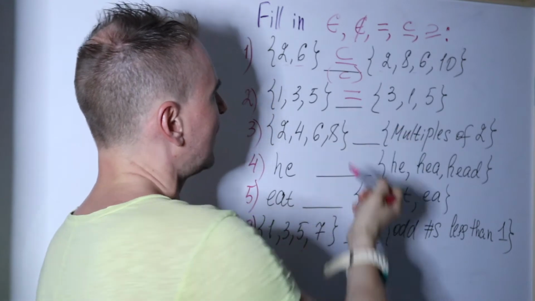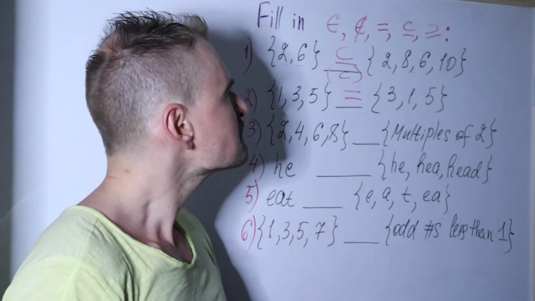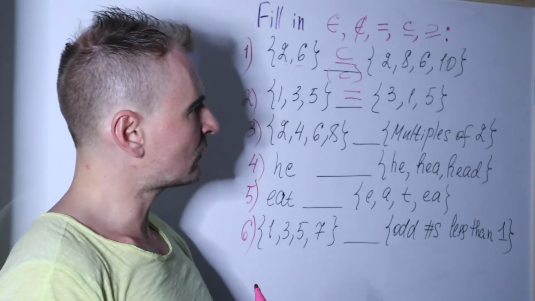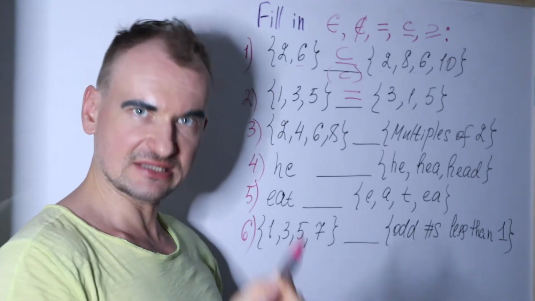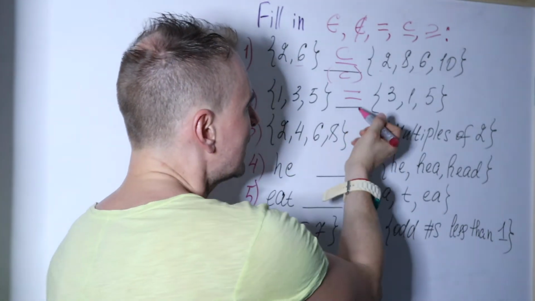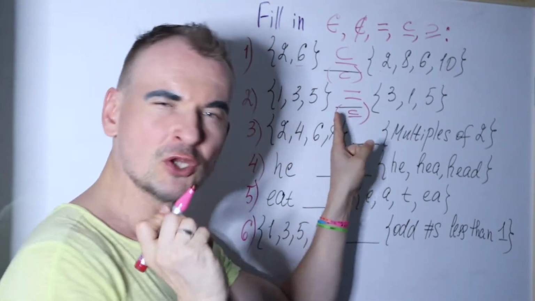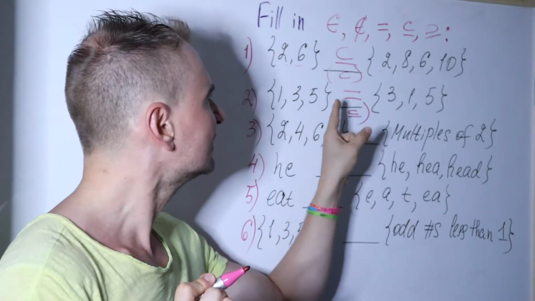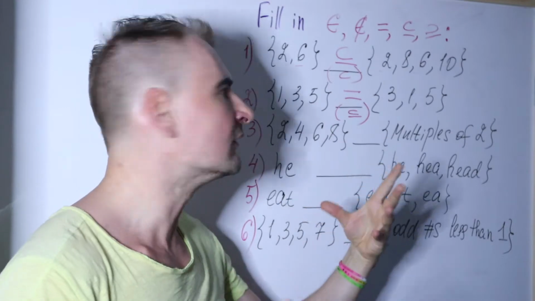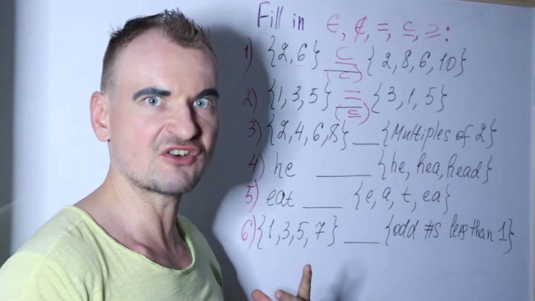So we will fill in the equality sign. But also, in terms of subset, it's also a subset, but not a proper subset, because they're basically equal. So either this symbol or that symbol is fine.